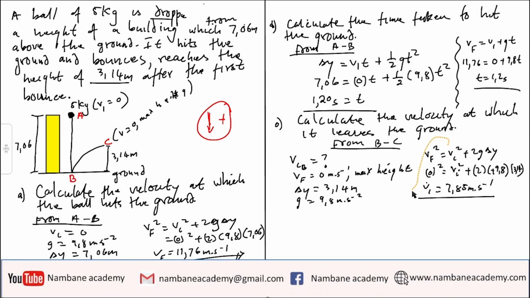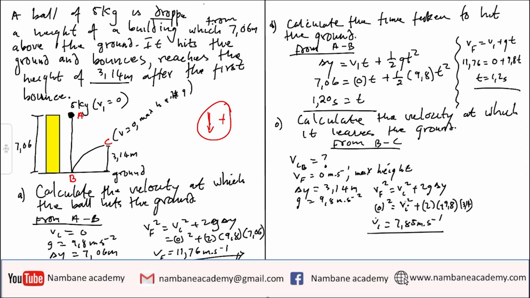Let me maybe move it here so that I can get enough space. Then we just say this one is 9.8 positive because g is down, but it's going to cover the distance upward. So 3.14 must be negative. Then you will still get the same answer. Thank you very much, Vimbai. Happy? Yes, sir. Thank you very much.